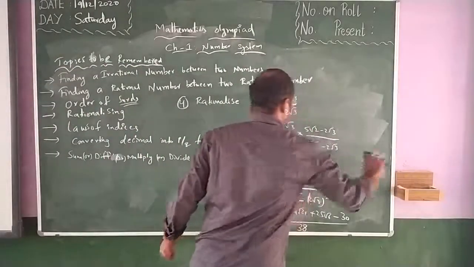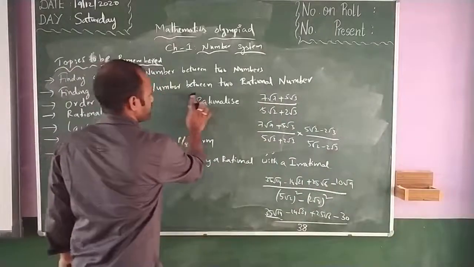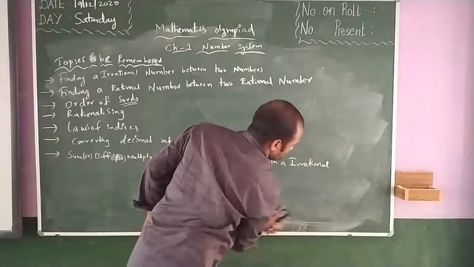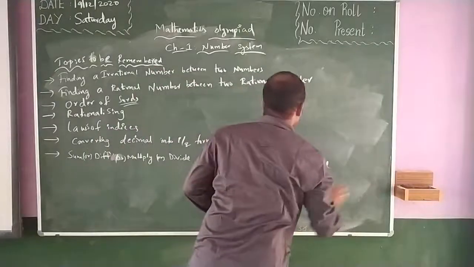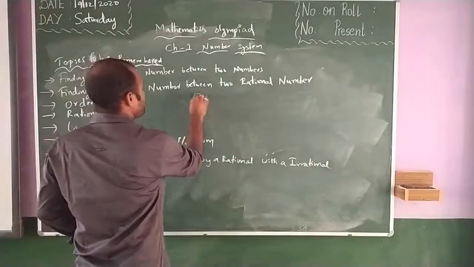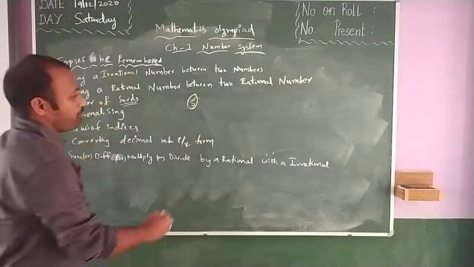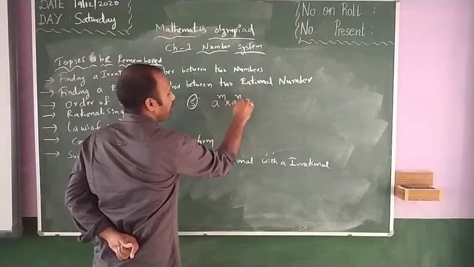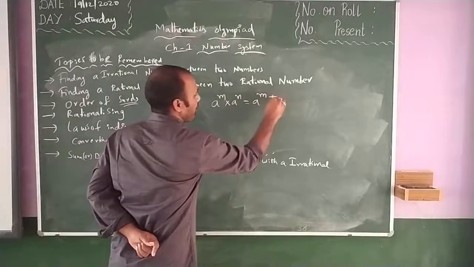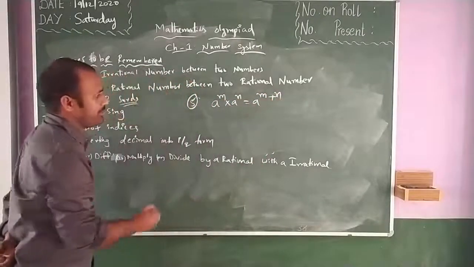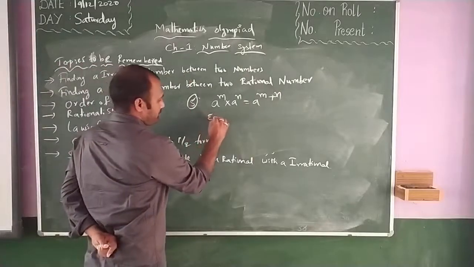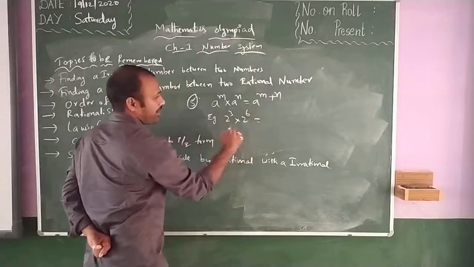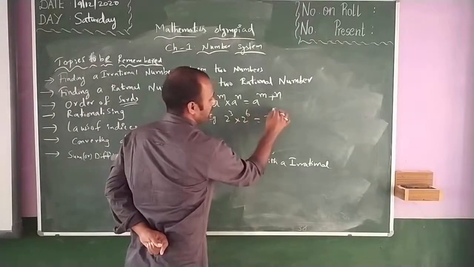Next, let us talk about laws of indices. The fifth concept is laws of indices. So we have some laws. A to the power of m into a to the power of n can be written as a to the power of m plus n. For example, 2 cube into 2 power 6 we can write as 2 to the power of 3 plus 6, which is 9.